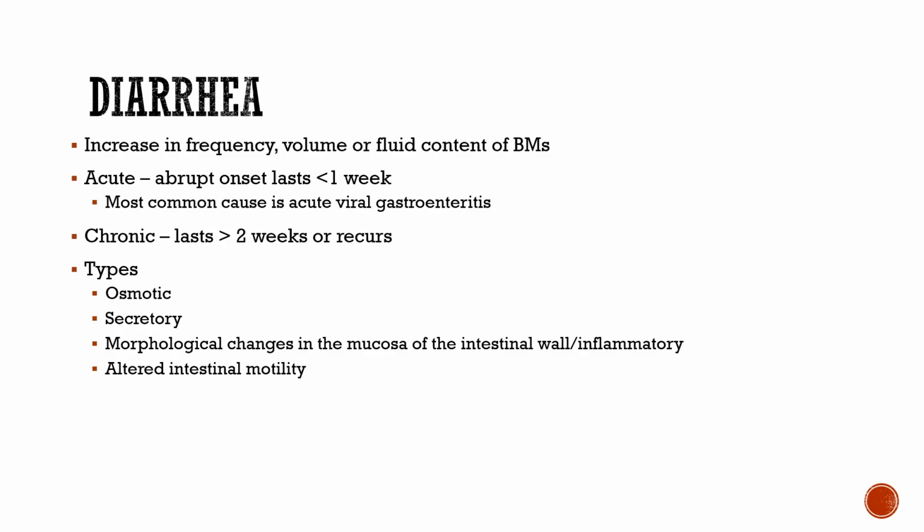There are different types of diarrhea. Osmotic diarrhea involves the absorption of carbohydrates. Now, we take carbohydrates into our body to use as fuel. But when the carbohydrates are not well absorbed, they're dumped into the GI tract, they can pull fluid in and cause diarrhea. Some examples of those are lactose, fructose, sorbitol, such as you see in Mentos.